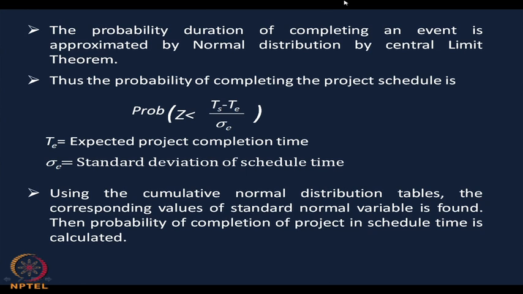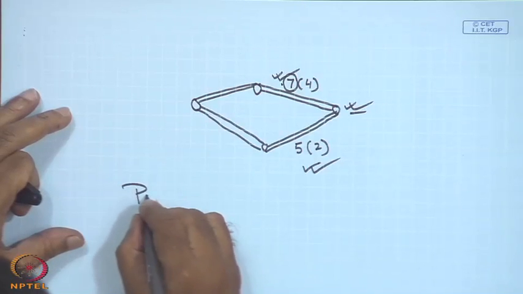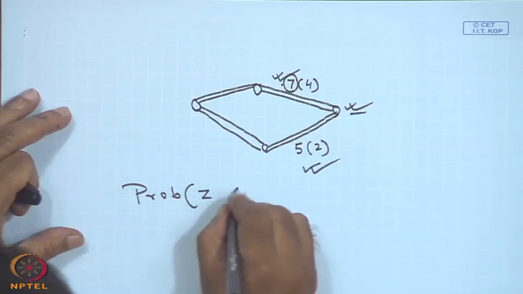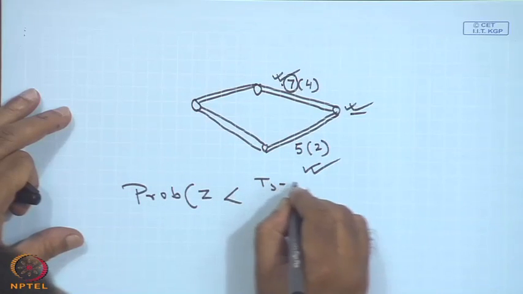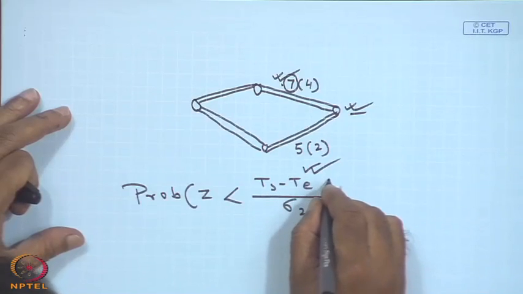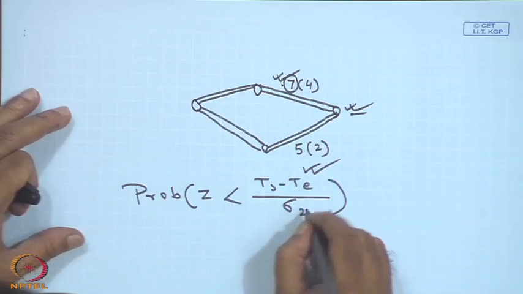The probability duration of completing an event is approximated by the normal distribution, and this is done by the central limit theorem. We are not going into that. So, basically you are using this formula: probability of Z less than (Ts minus Te) by sigma e.